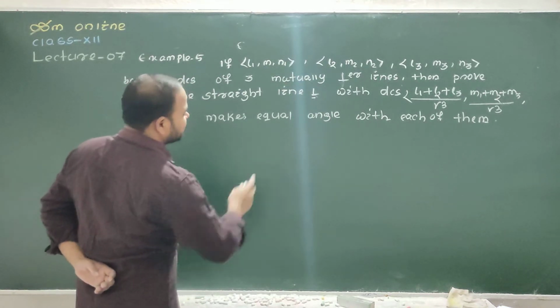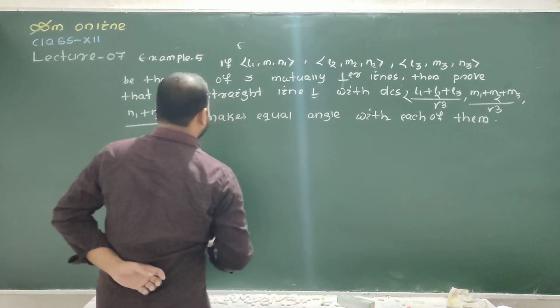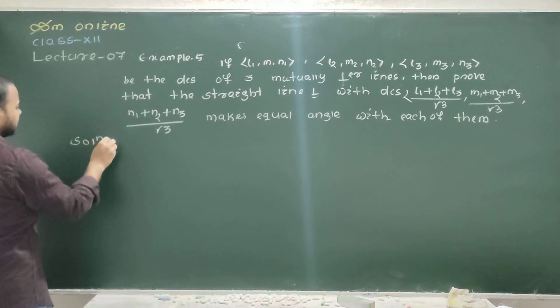First, what is given: these three lines are perpendicular. This is the solution.